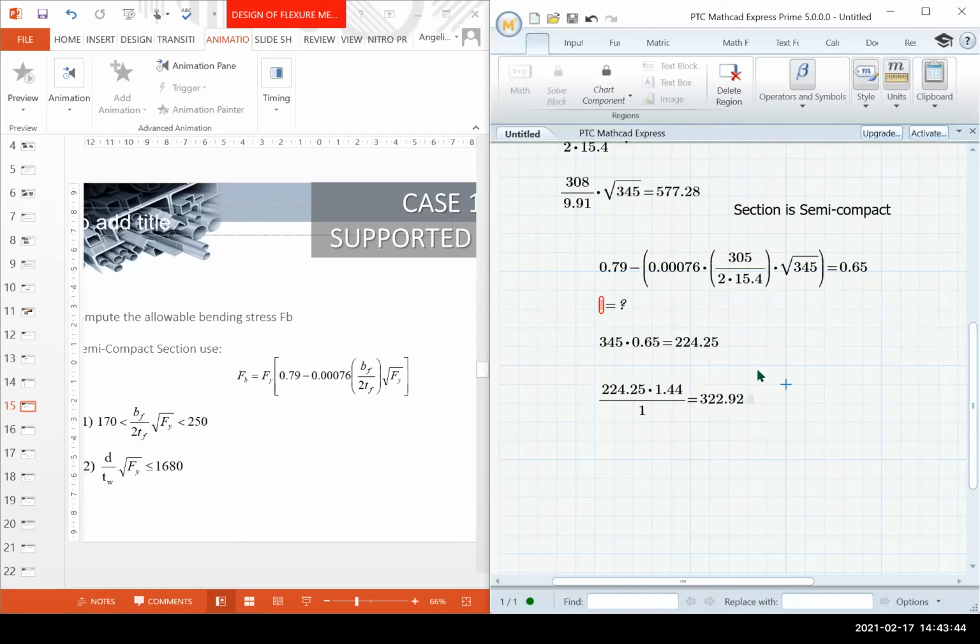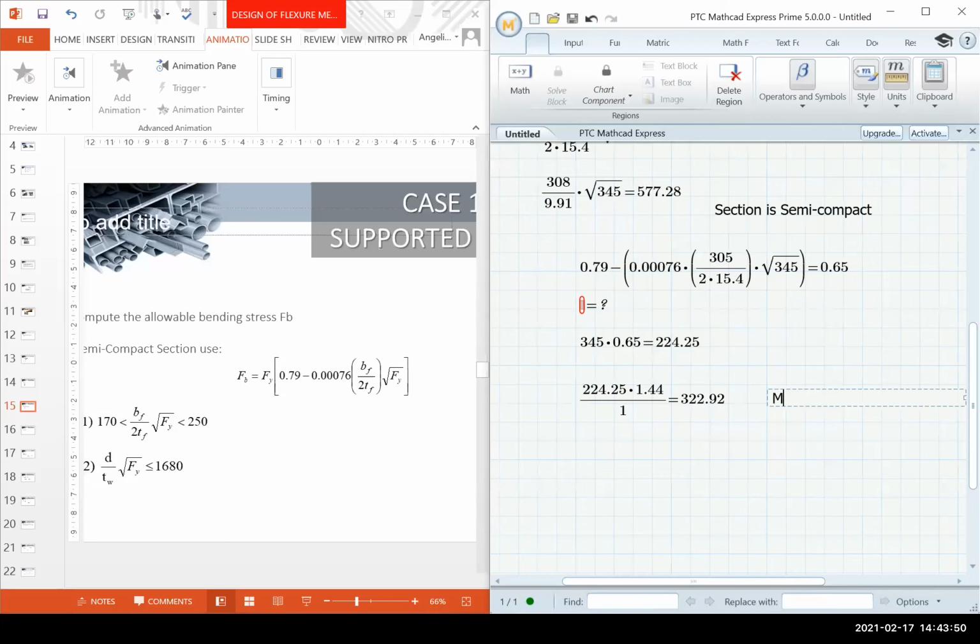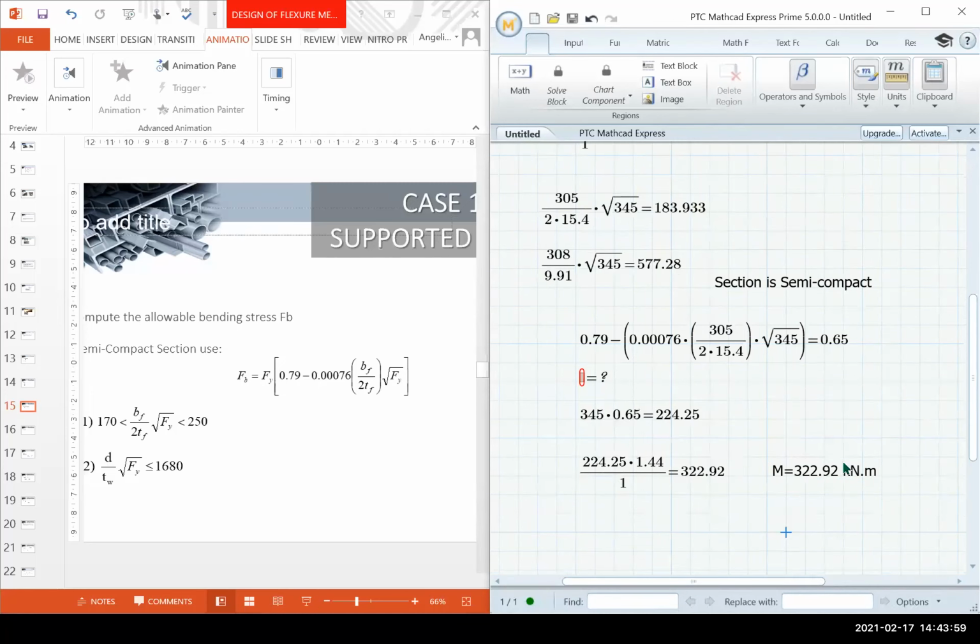Ayan, so the moment capacity of if your Fy is 345 megapascal is 322.92 kilonewton meter. So if you'll notice, the bigger the yield stress, the bigger the moment capacity.